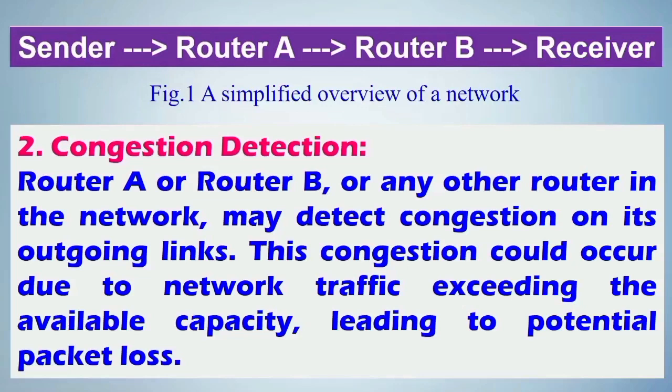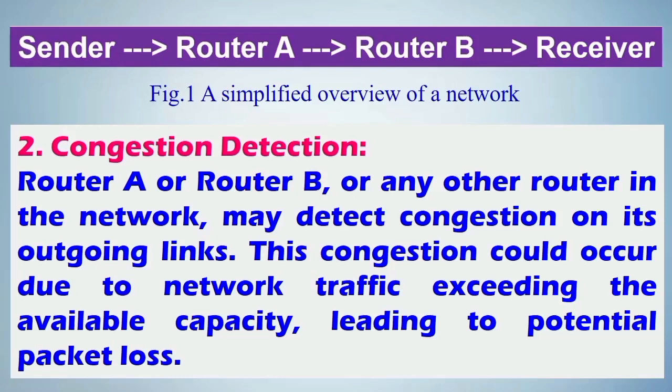Congestion detection. Router A or router B or any other router in the network may detect congestion on its outgoing links. This congestion could occur due to network traffic exceeding the available capacity, leading to potential packet loss.